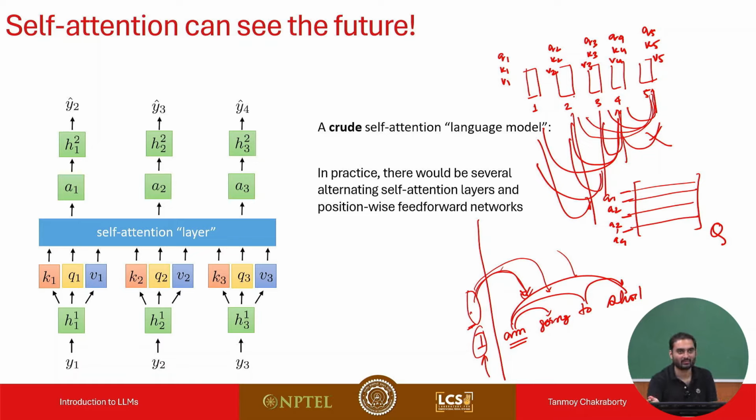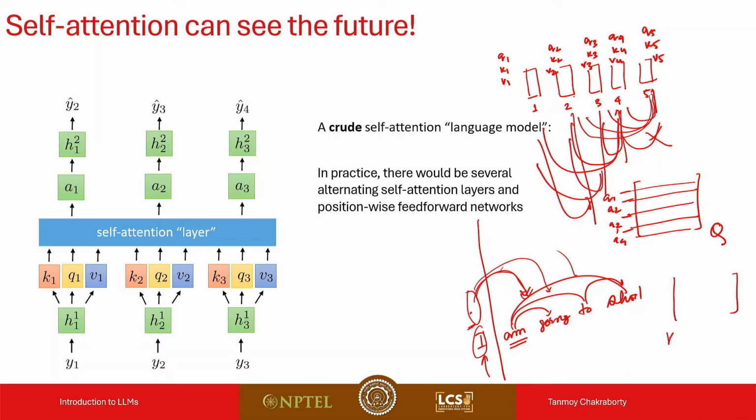If you don't do matrix operations, then you won't be able to leverage GPUs and TPUs, for example, tensor processing units. And then let's say the key matrix contains all the keys, stored column wise: K1, K2, K3, K4, K5.